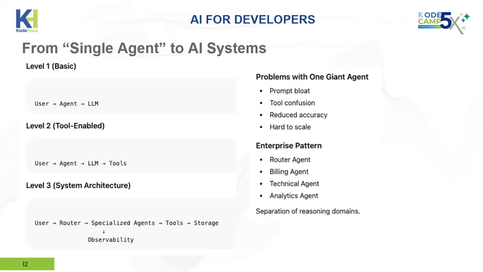It is hard to scale. So one giant agent that does everything is not feasible, is not scalable, especially in the enterprise. This is just the same thing as saying one human being should be able to do everything in the world. So it is natural then that you will now do separation of concerns.